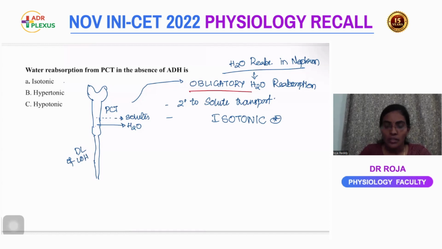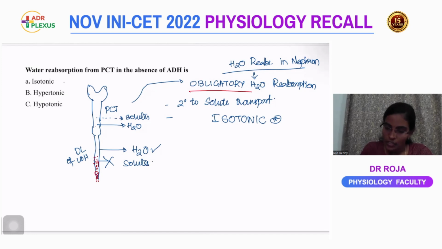Now this descending limb of loop of Henle, what is the peculiarity? It is permeable to water, but not permeable to solutes. So what will happen? All the solutes tend to remain in the tubular lumen itself.